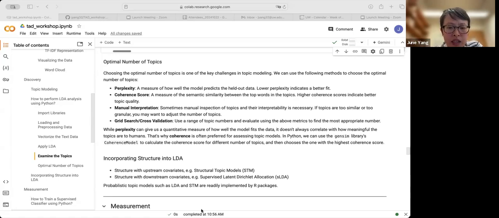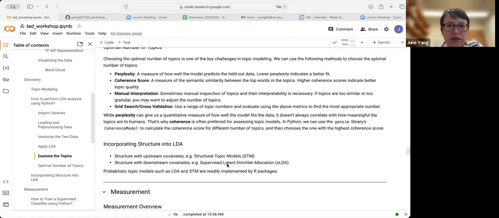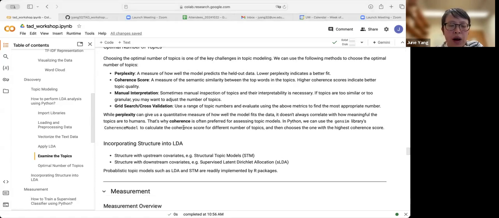And with this matrix, it's very possible for us to incorporate some structure into LDA. So you may think, oh, I have this matrix where each cell value represents the probability of my document A, B, C, D belonging to a certain topic. Can I model it against some of my covariates?